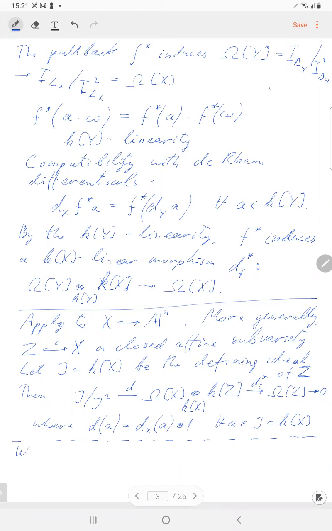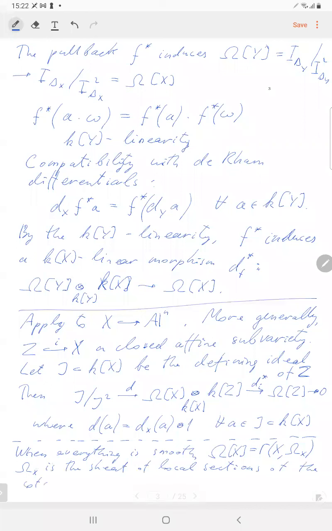So in case when everything is smooth, recall that omega of X was the global sections of X with coefficients in this sheaf of Kähler differentials, and omega X is the sheaf of local sections of the cotangent vector bundle, which is denoted like this.